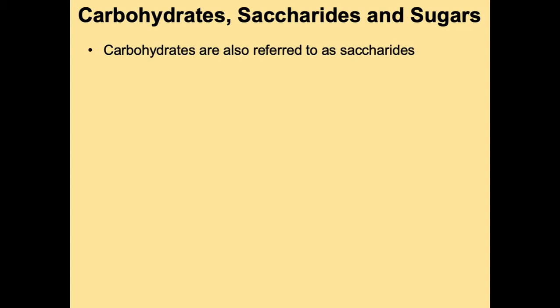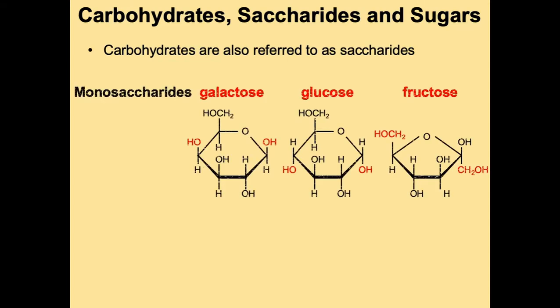Carbohydrates can quite often be referred to as saccharides or polysaccharides or sugars, depending on the context within the textbook. Examples of monosaccharides include galactose, glucose, and fructose here in the image. You see the functional groups in red, which are just slightly different.